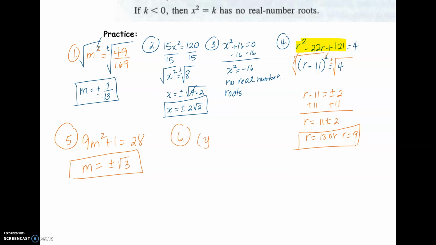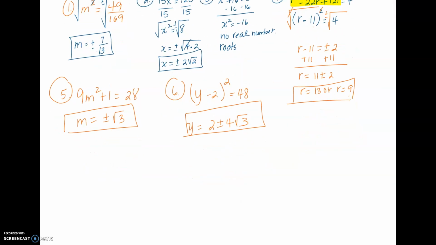Number 6, y minus 2 quantity squared equals 48. The solution should be y equals 2 plus or minus 4 times the square root of 3 when you do that one. And then try this one, 7 times the quantity 3x minus 1 squared equals 252. Your answer should be x equals 7/3 or negative 5/3.